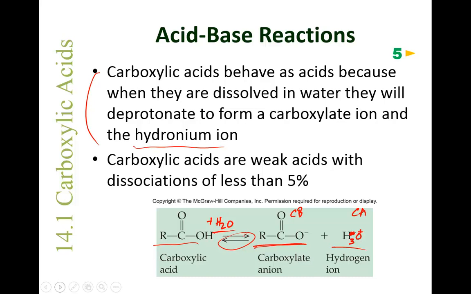All right, but what I do want to point out, and we already knew this again from Chem 140, so here's a refresher. Carboxylic acids are weak acids. Remember, the only strong acids in water are hydrochloric, hydrobromic, hydroiodic. Those are binary acids, hydrogen with one other element.